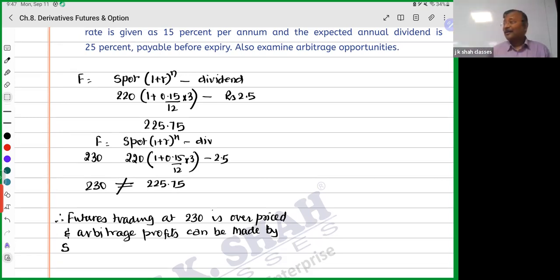Now, compare this figure, 230, 225.75. Which is the cheaper portfolio? That means you're going to buy this side of the portfolio and sell this side of the portfolio. But remember, what is the left-hand side portfolio? Futures. And the right-hand side portfolio?